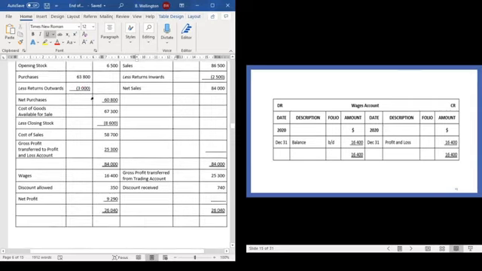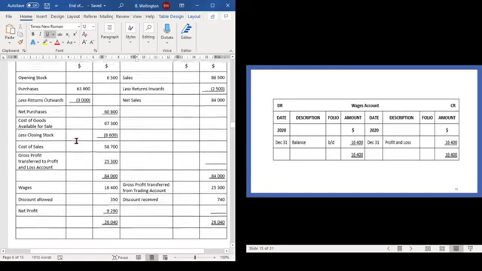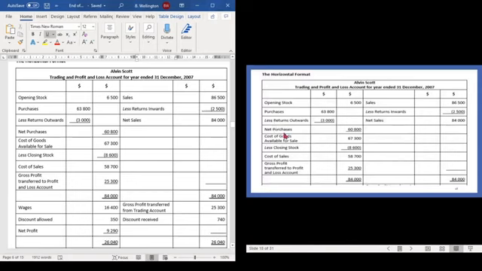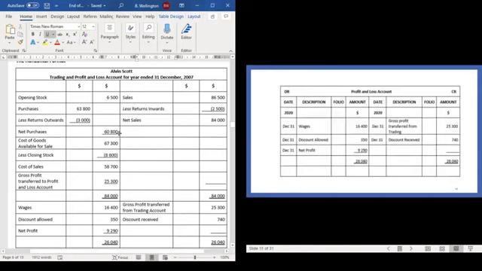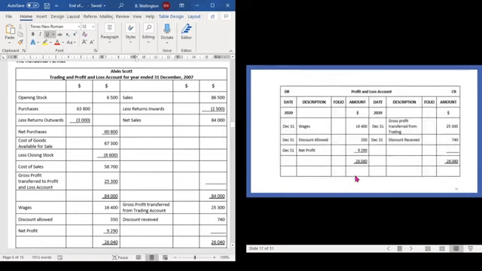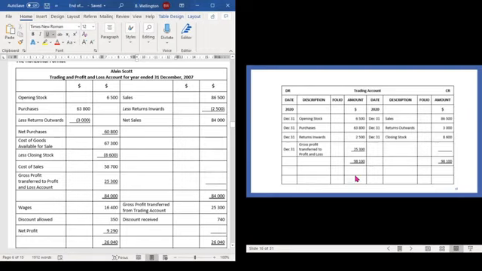Okay? It will enable us to show adjustments to our sales and purchases and other items. Okay, so we're showing all those items, and when you compare the two styles of presentation, let us look back at the one we did before. You will notice that we're getting the same gross profit figure.